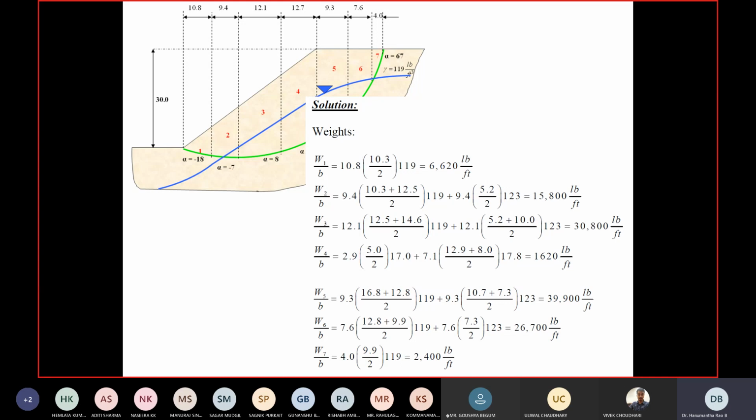Sir, could you please explain how we calculate W4? W4 is 2.9. There is something wrong with this.